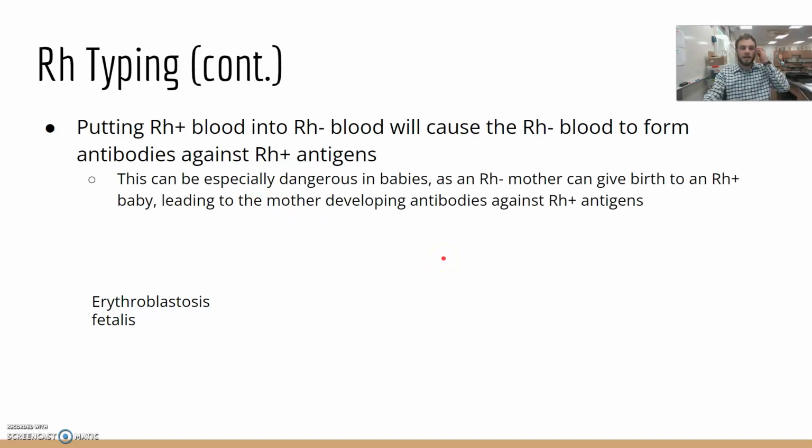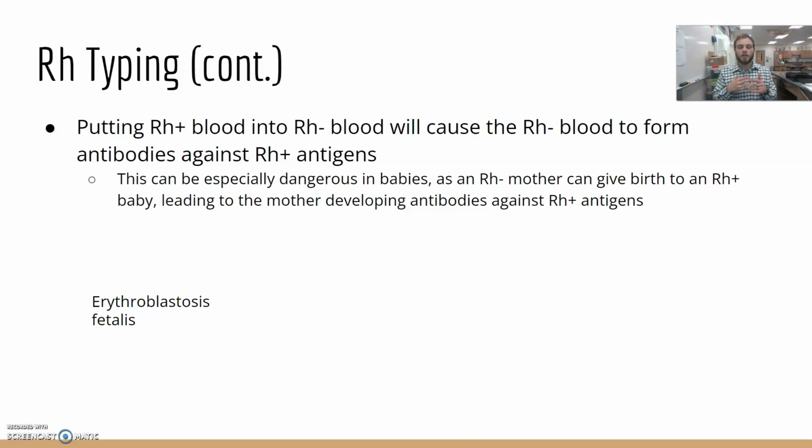We don't see it commonly, but it is possible, and we used to see this in mothers and offspring. If you have an RH negative mother and an RH positive baby, they do have that placenta protecting the two, but there is some crossover that does happen, especially during childbirth.